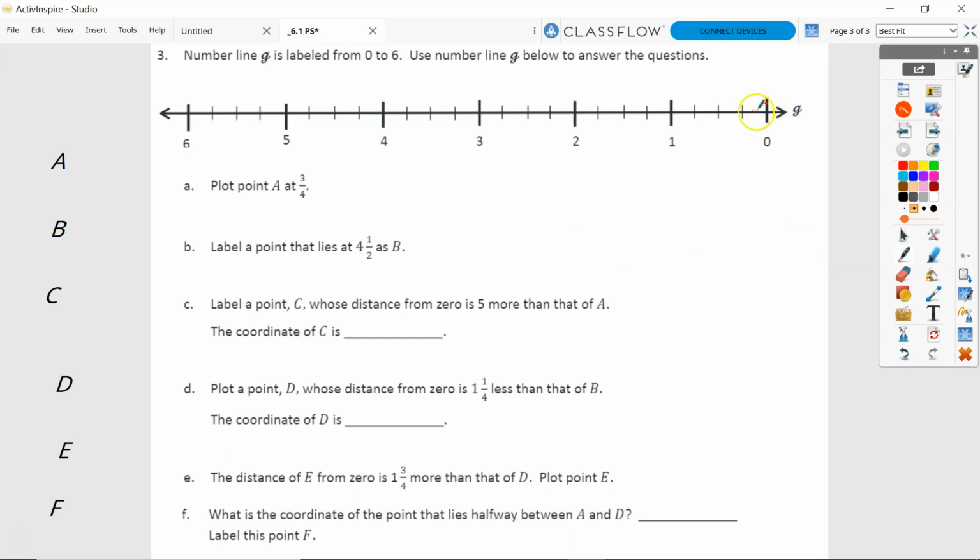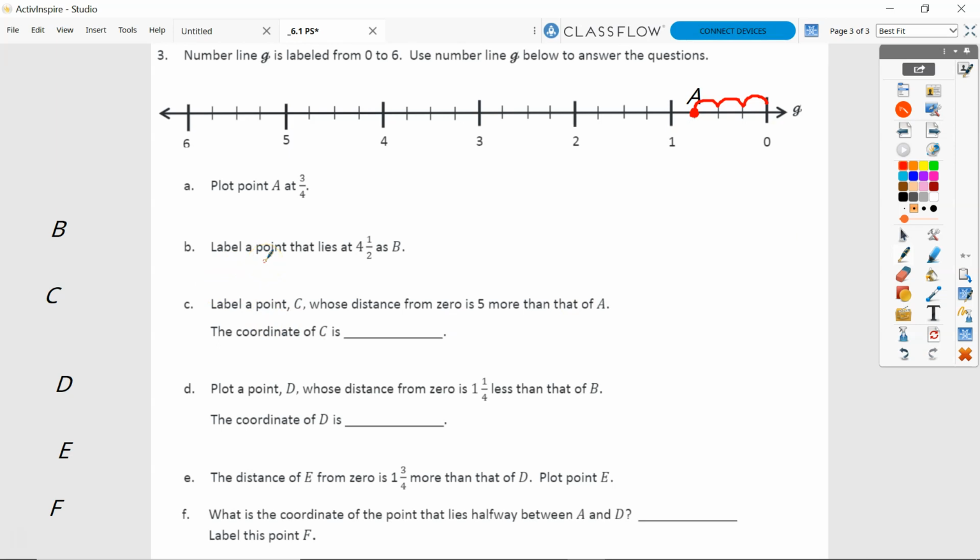And we see that each one of our wholes from 0 to 1 is split into 1, 2, 3, 4 parts. It's partitioned with 3 lines, which gives me 4 parts. So I know that will be 1/4, 2/4, 3/4. So I'm going to plot my A at 3/4. I'll go ahead and plot that A right there so that there's no confusion as to where A is. I'll put a dot on the tick mark as well.